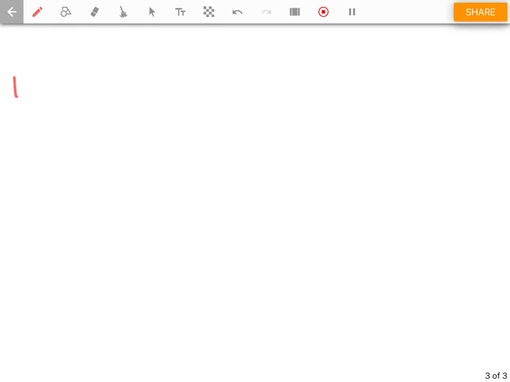So in your finance solver, the present value PV will be a negative. Why is it a negative? Because you gave the bank money to start with.